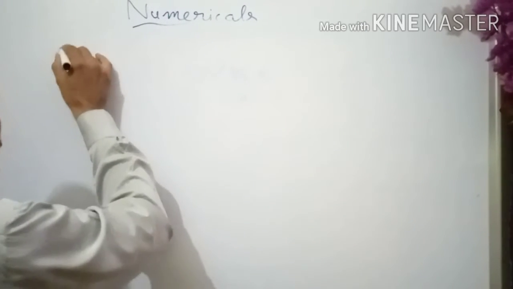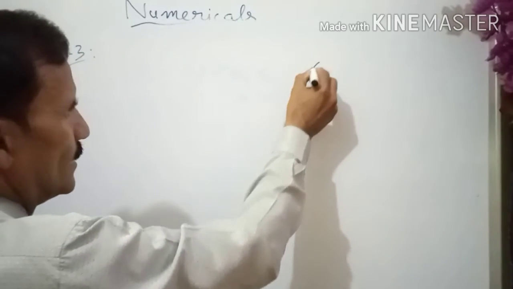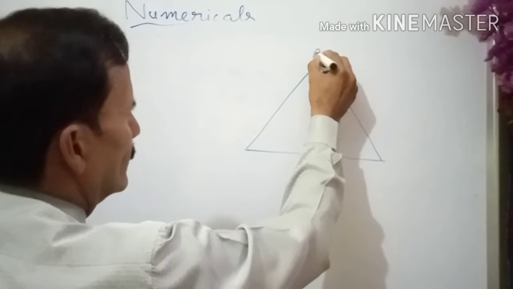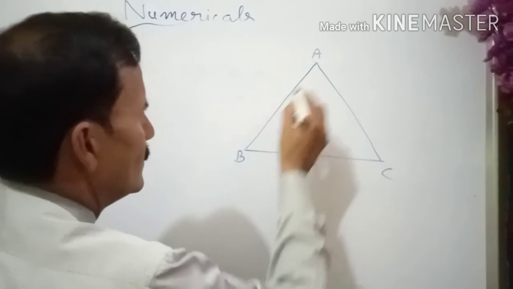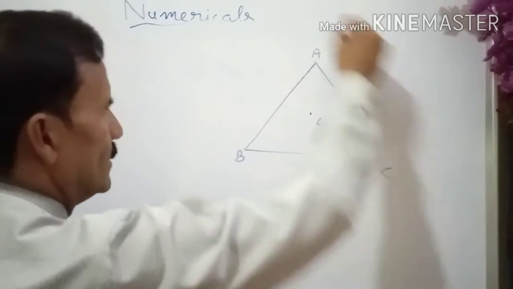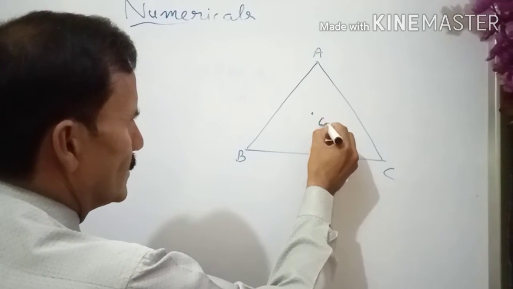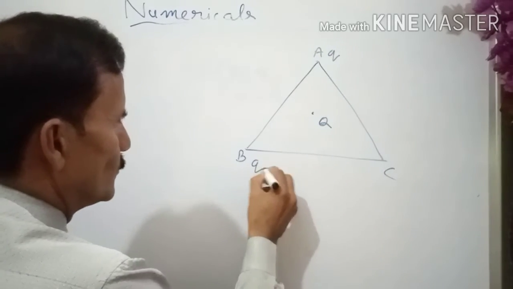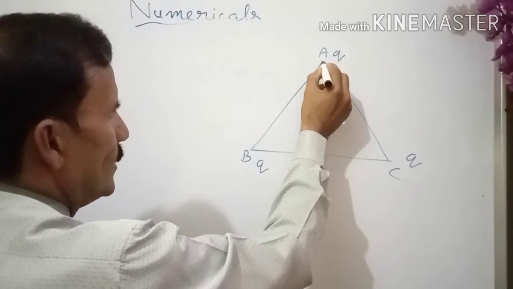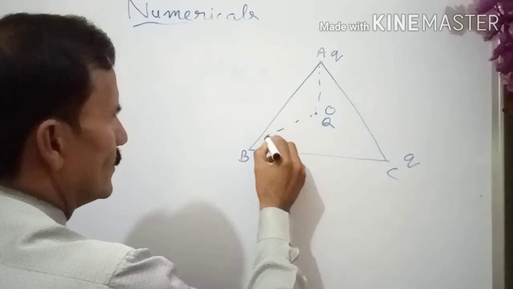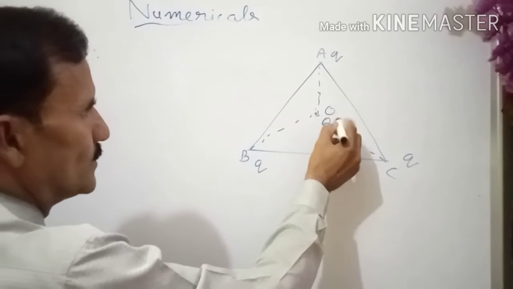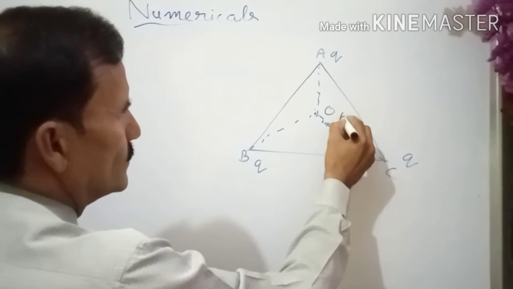So question number 3: suppose there are 3 equal charges placed at the corners of an equilateral triangle, and at the circumcenter, the center of the circle, there is a charge Q placed at O. Now you have to calculate the resultant electrostatic force on the charge Q.